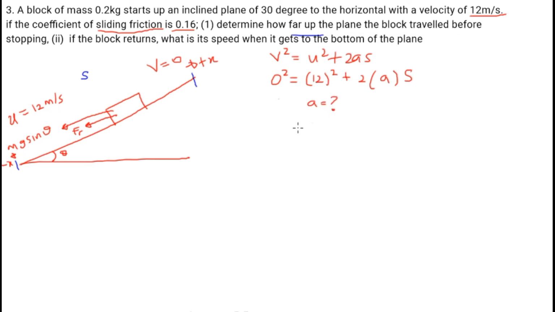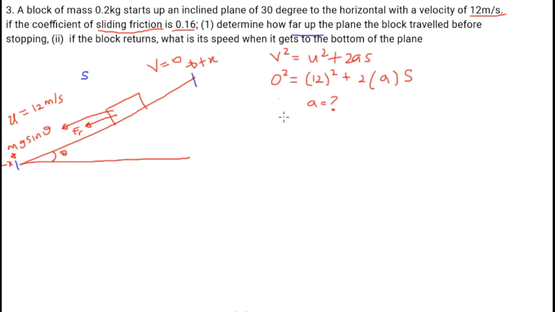Before we continue, to find the acceleration of the object: if the object moves up the inclined plane, then there will be a frictional force down the inclined plane, and remember that mg sine theta is also down the inclined plane.